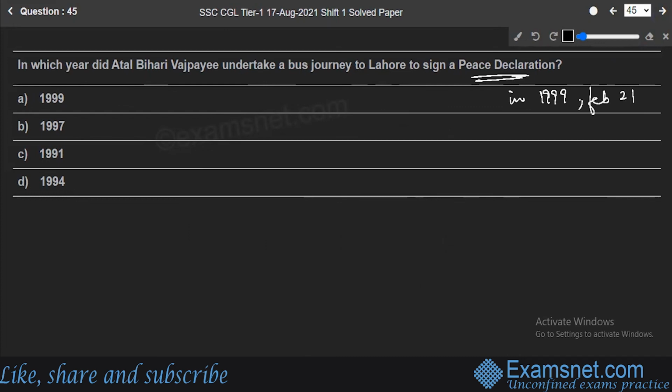Then Prime Minister Atal Bihari Vajpayee and his Pakistani counterpart Nawaz Sharif signed the Lahore Declaration at the conclusion of the historic summit in Lahore.